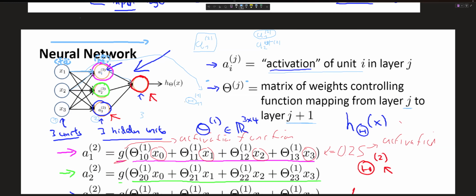Now let's check this out with another example, this connection from here to here. Again, we start with theta. It's the same because we go from the first to the second layer.